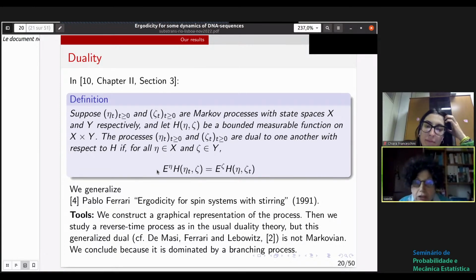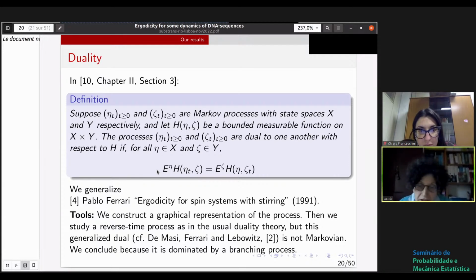First the well-known definition: if you have eta t and zeta t Markov processes with two state spaces, and you denote h of eta zeta a bounded measurable function on X times Y, we say that the processes eta t and zeta t are dual to one another with respect to this function h, if for all eta and zeta, you have the expectation of the first process, beginning from eta, of h of eta t zeta, equal to the expectation for the second process, beginning from zeta, of h of eta and zeta t. So that's the well-known duality.